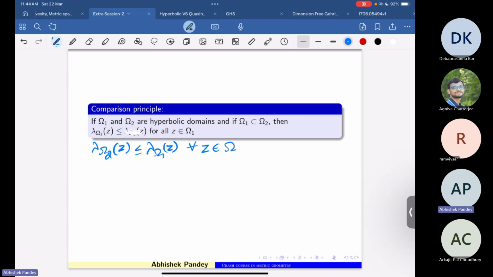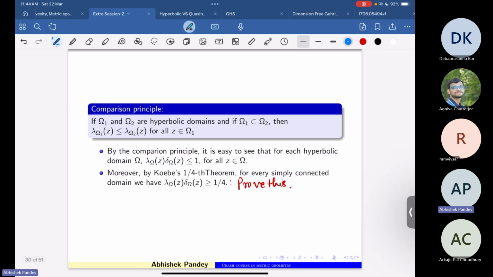So this comparison principle will give us that lambda omega z into the distance to the boundary of z is always less than or equal to 1.